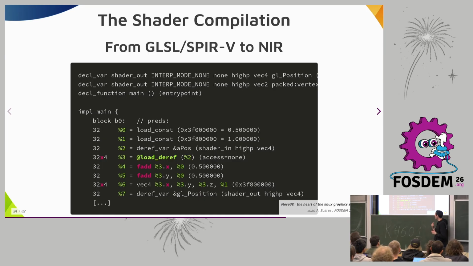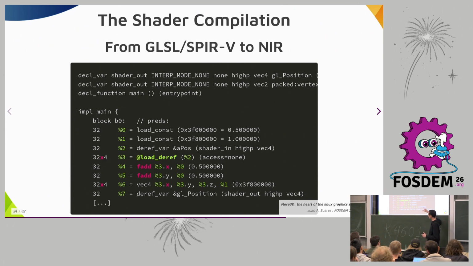NIR is a language used by Mesa, which means new intermediate representation, which I think was introduced in 2015, and this is the language that is used mostly by all the drivers. It was designed for the GPU, so it matches the GPU very well. So you transform that GLSL or SPIR-V to NIR.